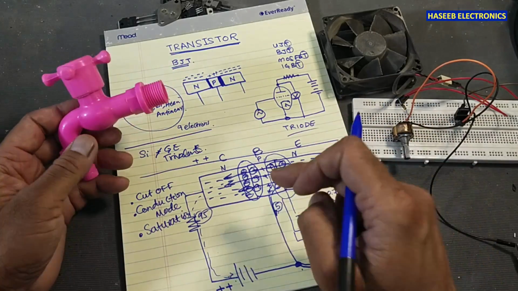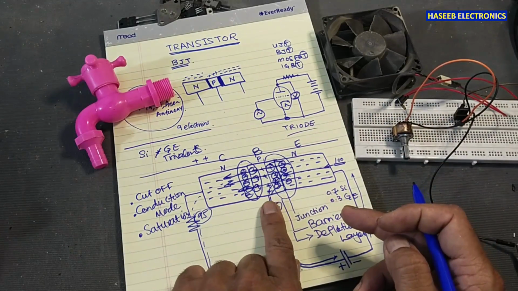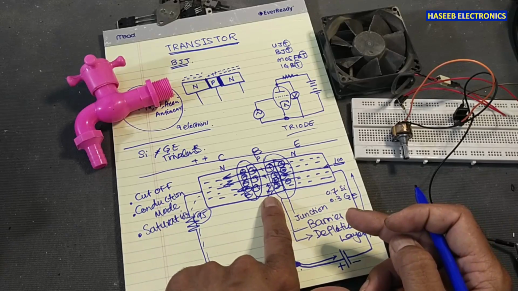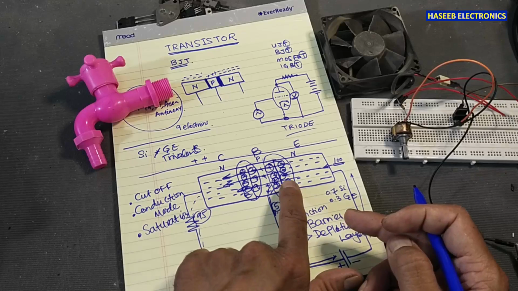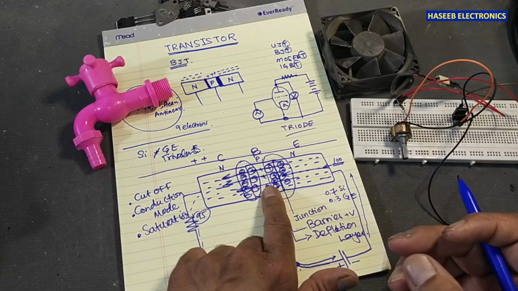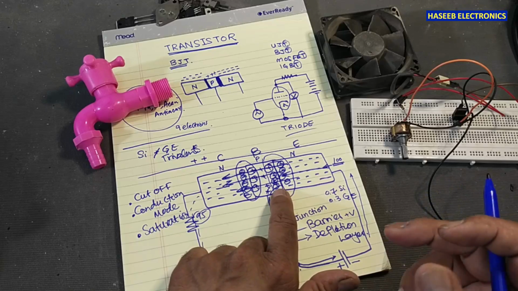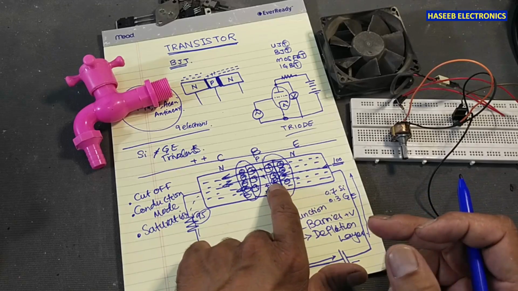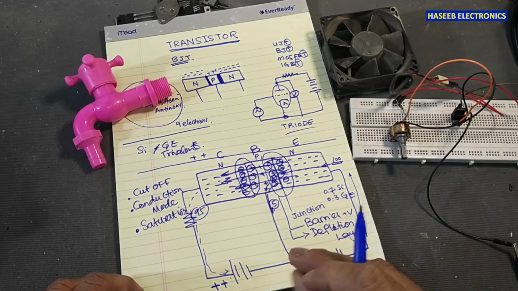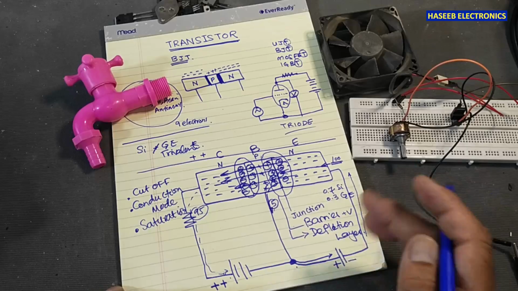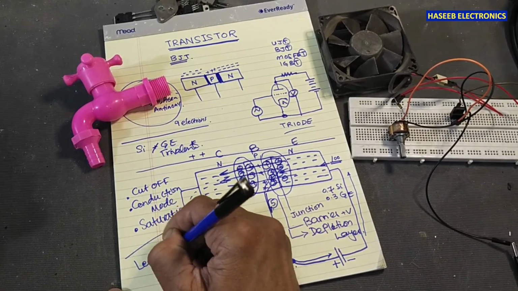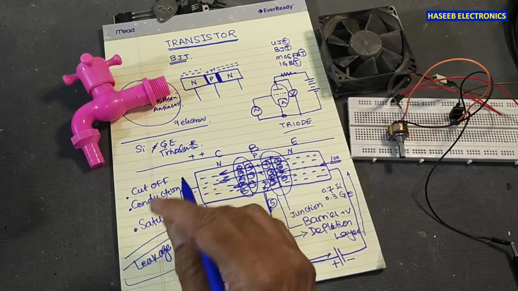Similarly here, when we don't have base current, when we don't have base biasing, base voltage, some uncontrolled electrons called minority carriers will cause a current to flow that is negligible. We cannot consider it. That is called leakage current. So it is ignored all the time.